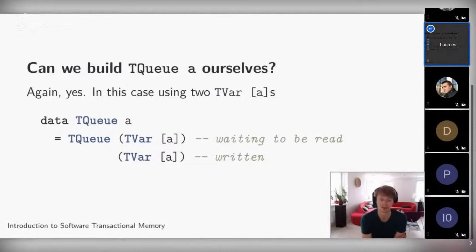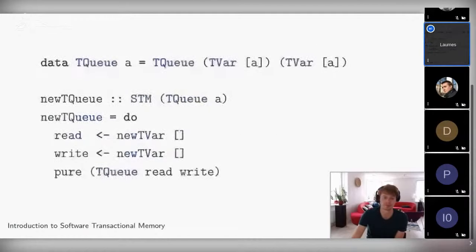And there are, like I said, two TVar lists. The first one is waiting to be read, and the second one is to be written. And we need two TVars because it helps with the amortized constant time reading and writing.